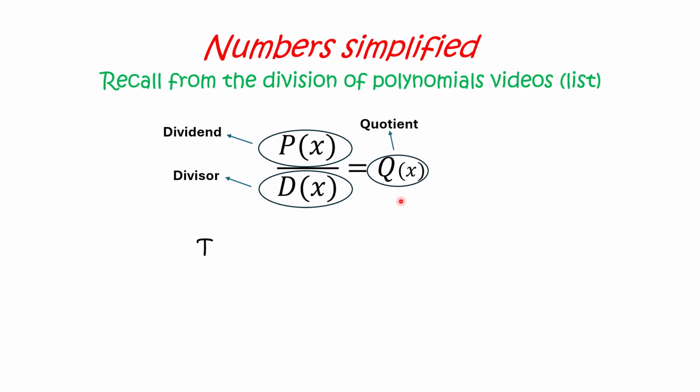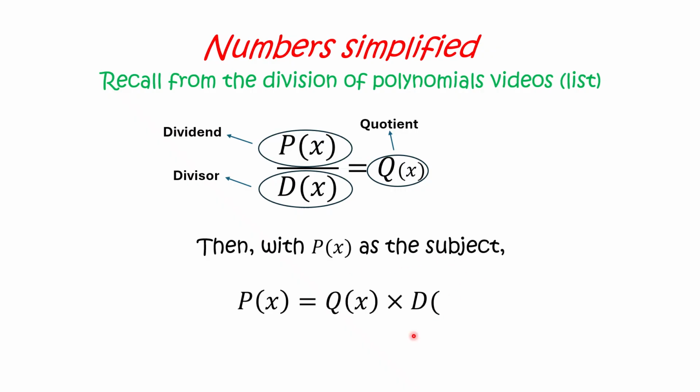Now, with p of x as the subject, we can actually have p of x being equal to q of x times d of x plus r of x, which is the remainder. Now, what are partial fractions?